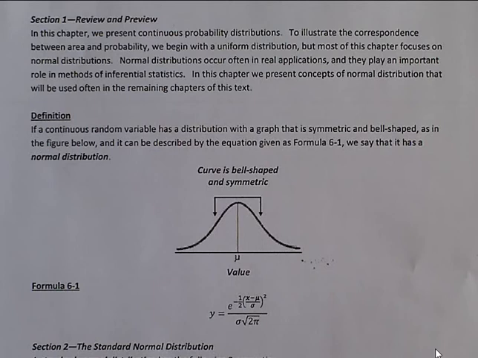In this chapter, we're going to present concepts of normal distribution that will be used in the remaining chapters of this text. Well, this will be the last chapter that we'll have a chance to talk about. So the first thing they show you is the bell-shaped and symmetric curve of a normal distribution. Another type of curve that we often talk about in this situation is called a uniform distribution.